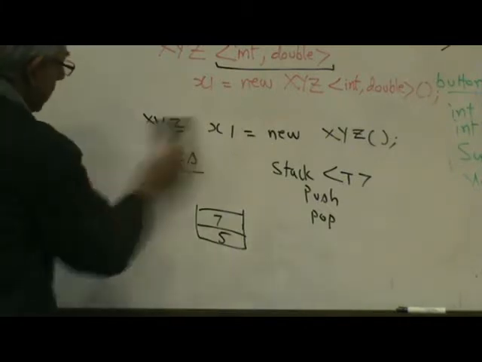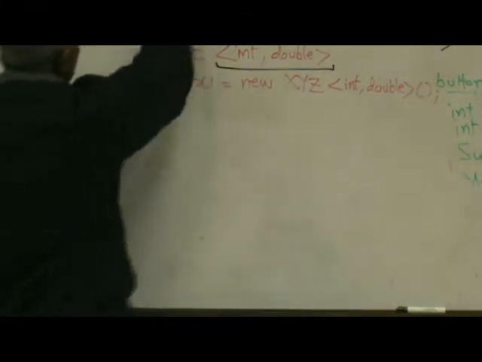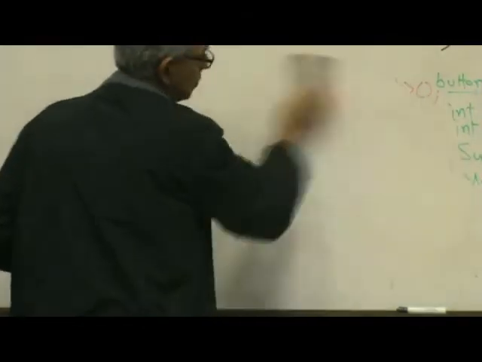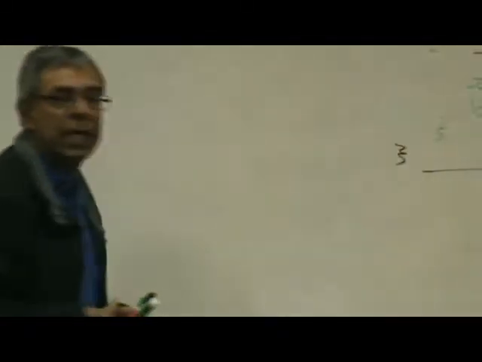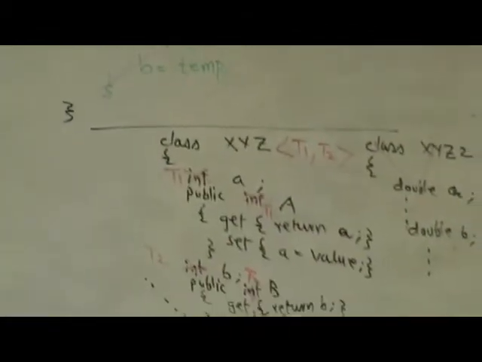So let me give you a few practical examples now, where this will be very useful. If you take a look at generics, in the beginning they are a little bit intimidating because you see, oh, what's this T doing over there? What's this T1, T2 doing over here, right?